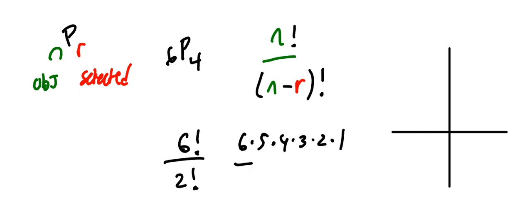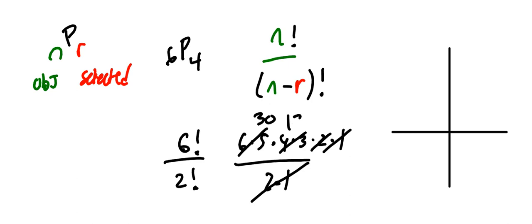Essentially, it's how many ways you can arrange 6 objects. Then we have 2 times 1, so the 2 and 1 cancel out. Now we're left with 6 times 5 times 4 times 3. This is 30, this is 12, and 12 times 30 is equal to 360.